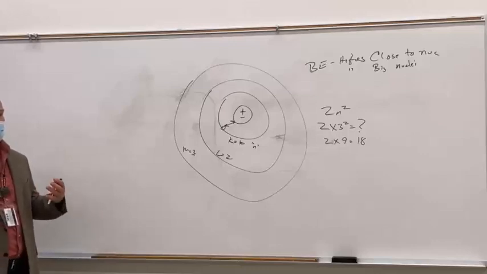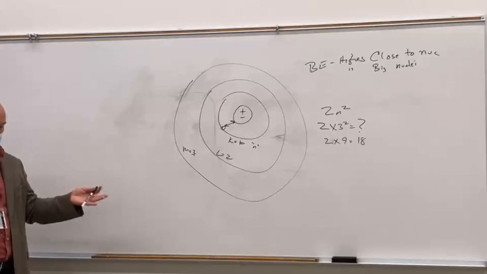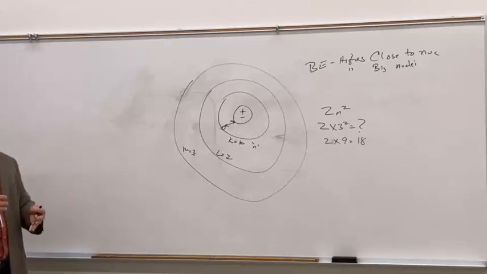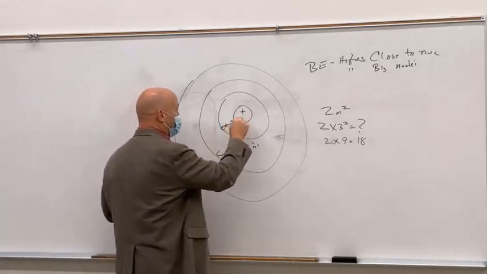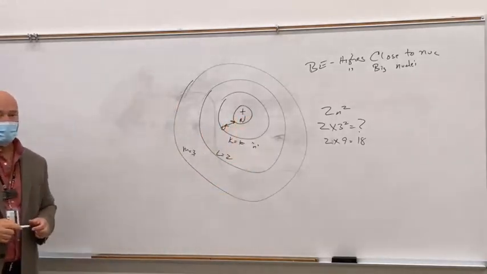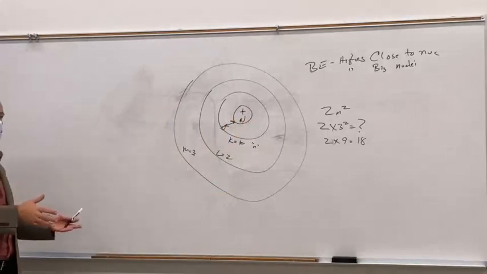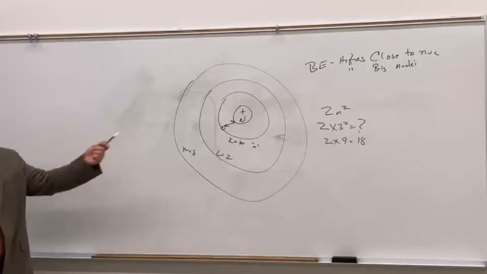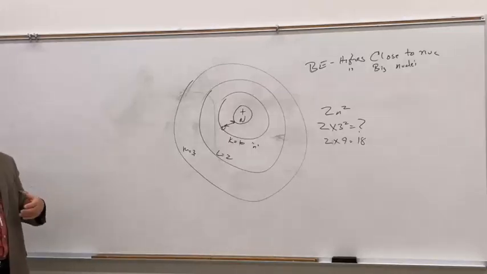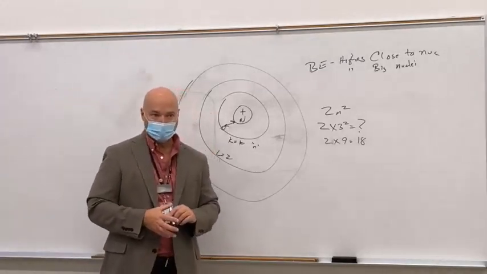Again, that's something that people trip over sometimes on this test, with protons and neutrons in the nucleus. So protons equal positive charges equal atomic number. So the bigger the atomic number, the bigger the nucleus, and the bigger the nucleus, the greater the binding energy.